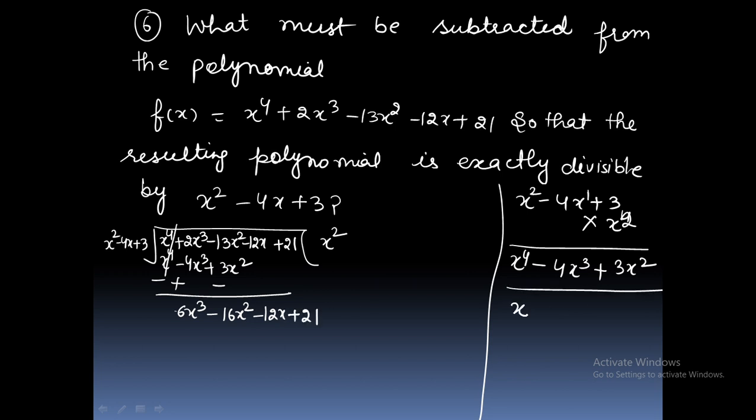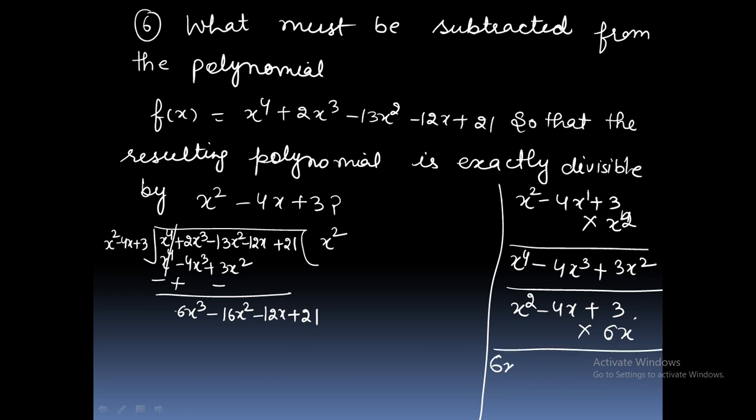Now x raised to power 2 minus 4x plus 3. Multiply by 6 because we have to find here 6x raised to power 3. We have to multiply 6 by 6x.